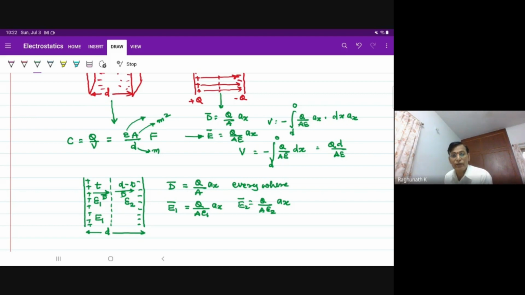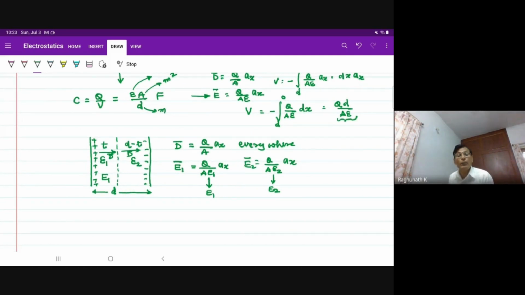Anyway, we saw that for the electric field intensity in the previous case, when it is uniform, potential difference is just the product of distance into electric field intensity. We need not integrate because it is uniform. Now, calling this Q by A epsilon as E1, this is E2, not bar. When I want to know the potential difference between these two conductors, I need to take a unit positive charge.